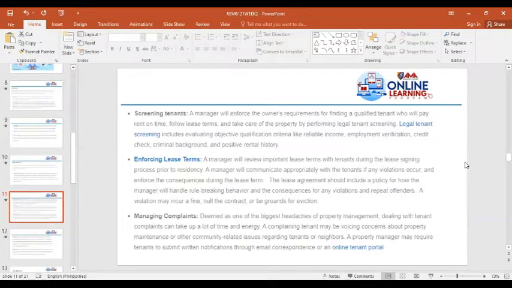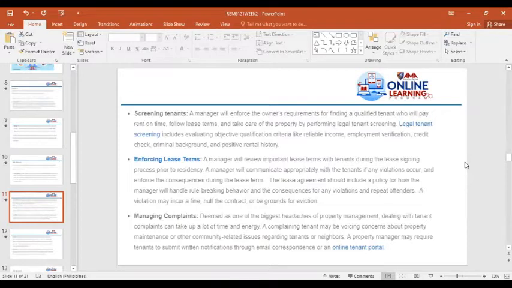So next is enforcing lease terms. So a manager will review the important lease terms with tenants during the lease signing process prior to residency. So a manager will communicate appropriately with the tenants if any violations occur and enforce the consequences during the lease term.